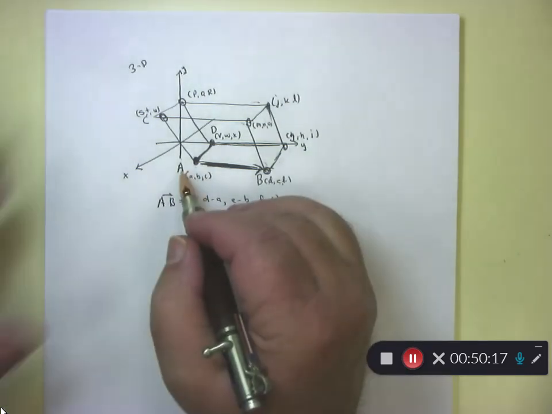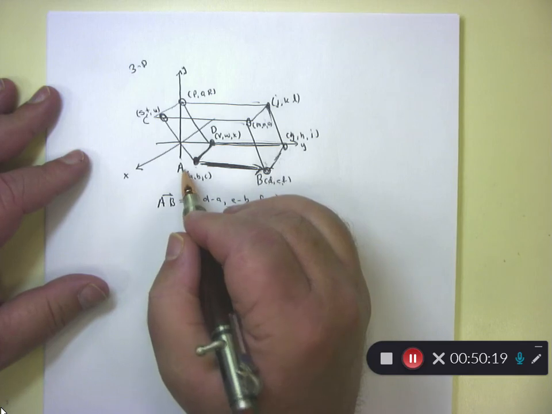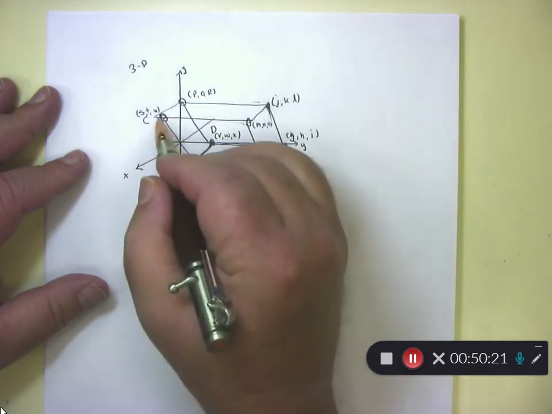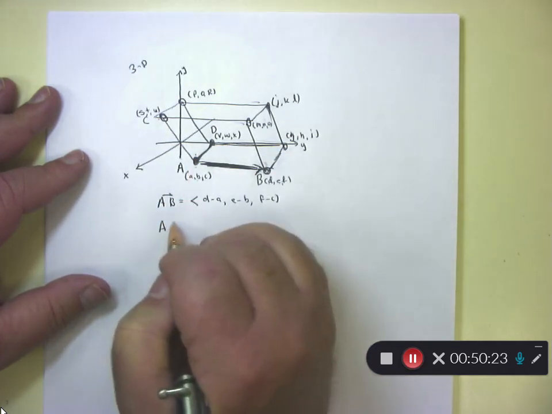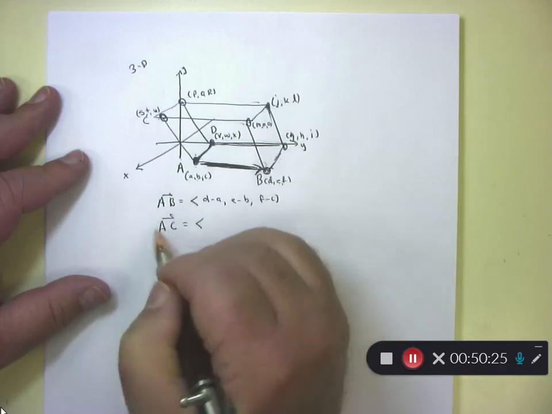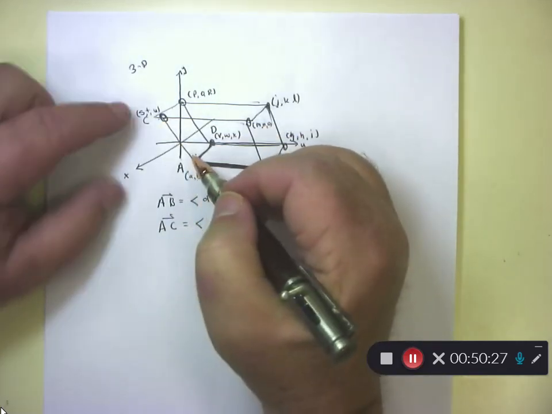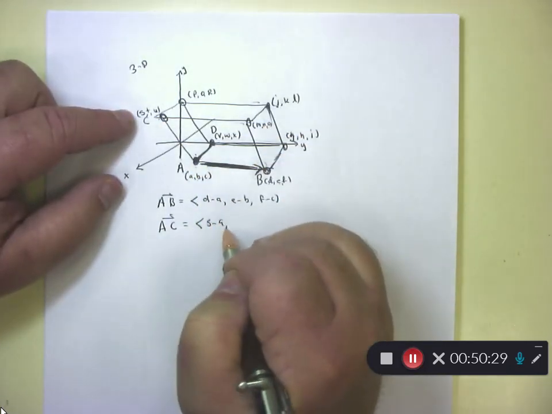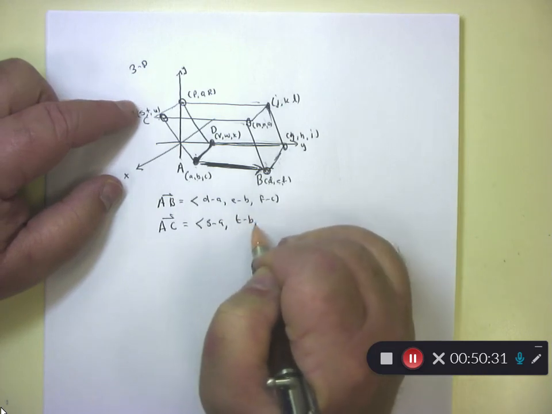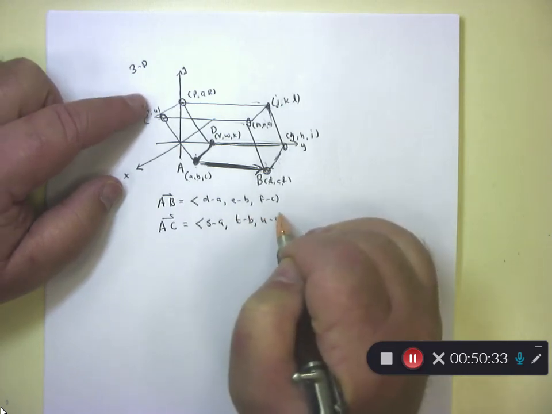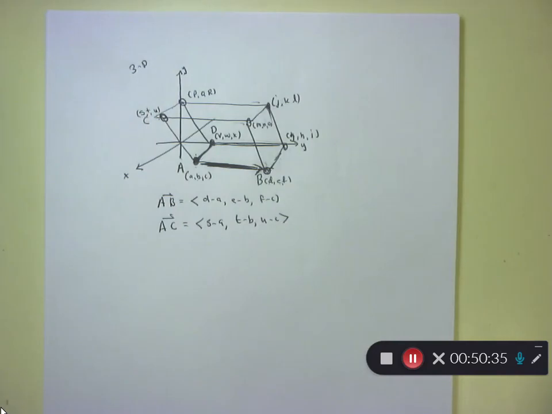I'm focusing on this base point A, so you only want to have a fixed point that you're focused on. The next vector, let's go A to C. How do you get AC? End minus beginning. This was S minus A, T minus B, and U minus C, okay?